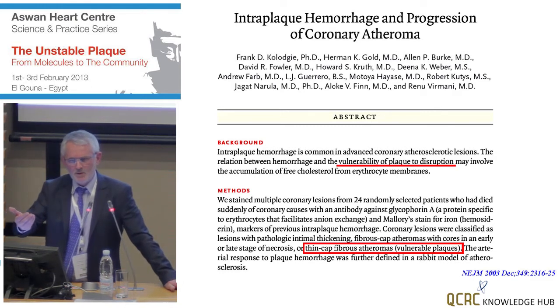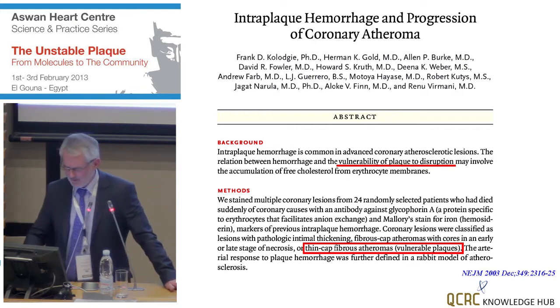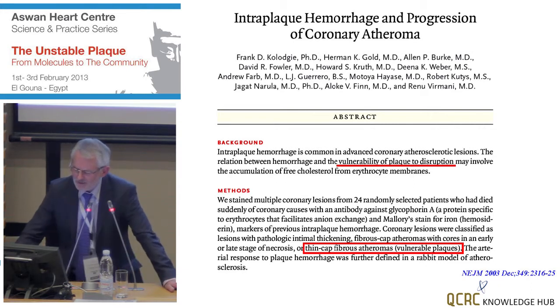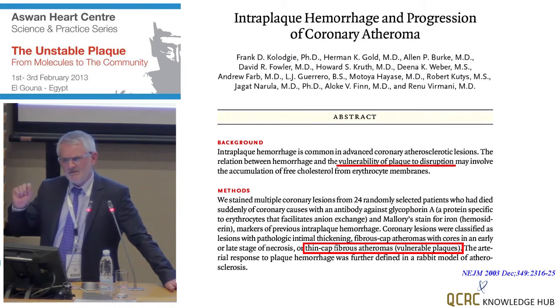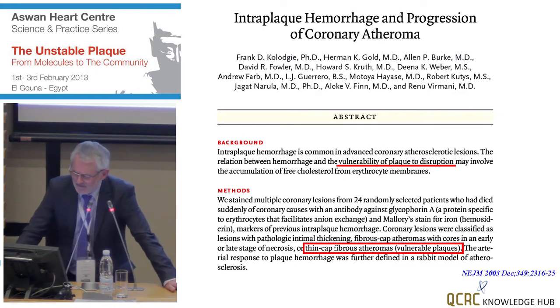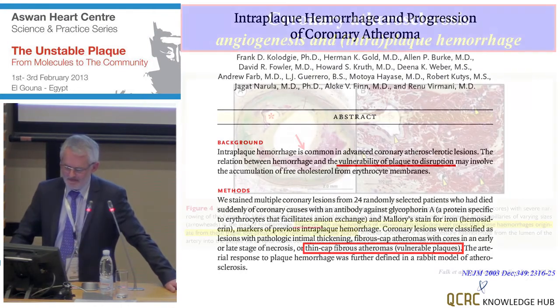Hemorrhage into the plaque may cause rapid progression of the lesion, and it is in fact a dangerous event, also because erythrocytes contain a lot of cholesterol, so it may give rise to expansion of the necrotic core. But there is some discussion about the origin of these intraplaque hemorrhages. Nearly all agree that it may be a marker of vulnerability, and it is frequently seen in thin cap fibroatheroma, the most common type of vulnerable plaque.